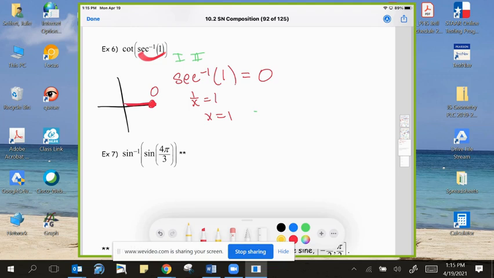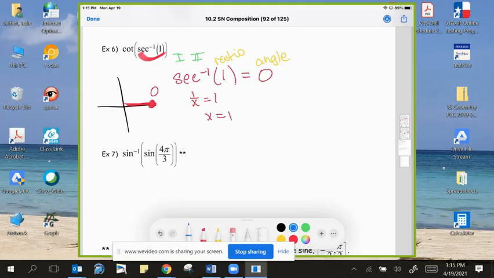Because it was inside an inverse function, that 1 is the ratio, that 0 is the angle. And it's in radians, so I'm not going to put a degree symbol on it, but realize it is radians. Now that's our first piece.